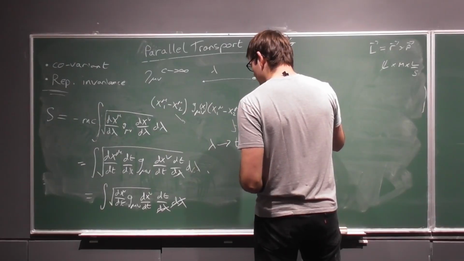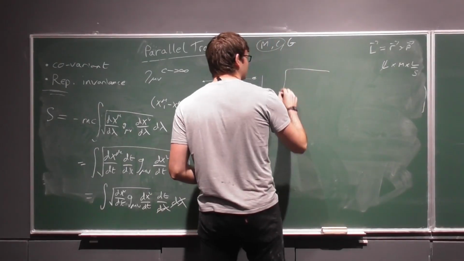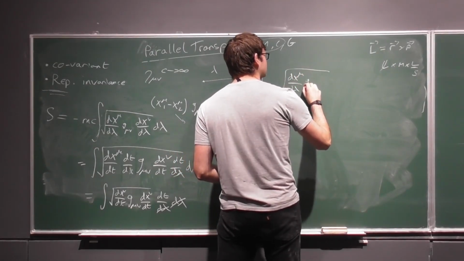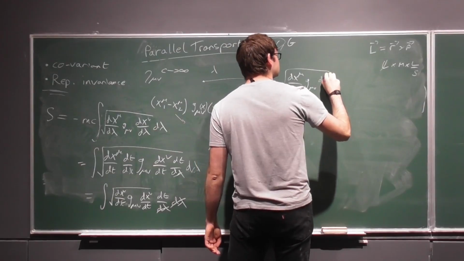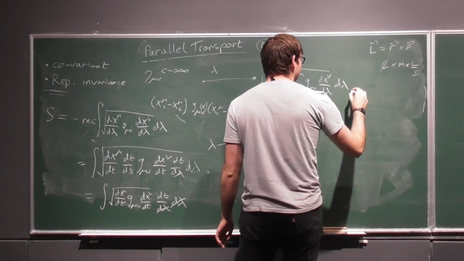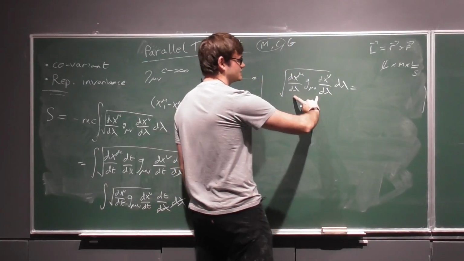Now, there's one thing we can notice, which is that this quantity looks very similar to something we had earlier. If we have the square root of dx^mu/d lambda, g_mu nu, dx^nu/d lambda, we can cancel the two lambdas in the square root.